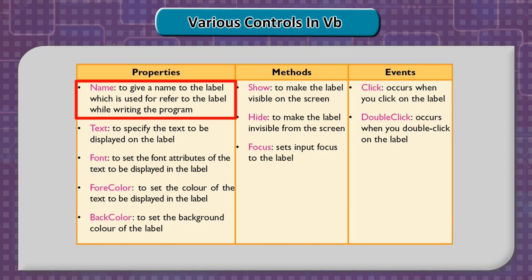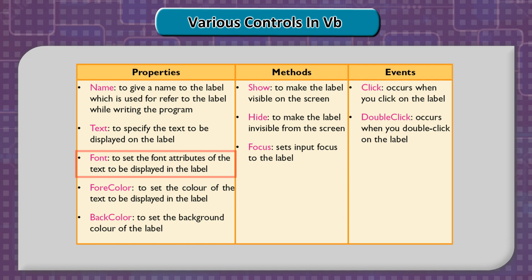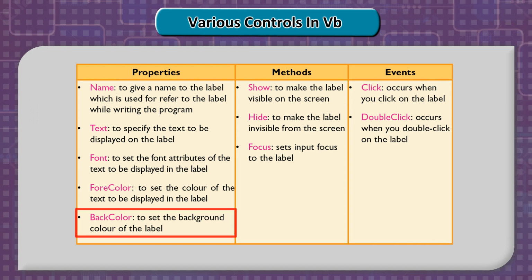Name, to give a name to the label, which is used to refer to the label while writing the program. Text, to specify the text to be displayed on the label. Font, to set the font attributes of the text to be displayed in the label. ForeColor, to set the color of the text to be displayed in the label. BackColor, to set the background color of the label.